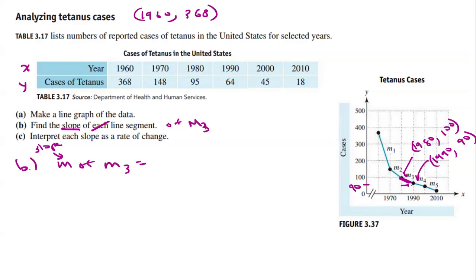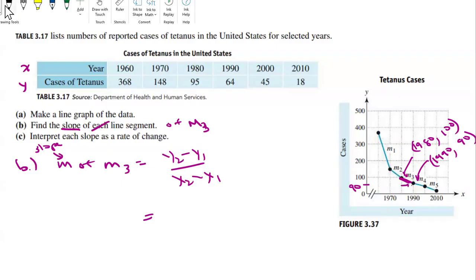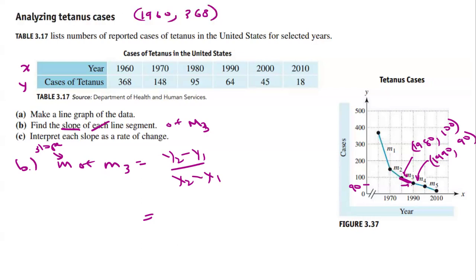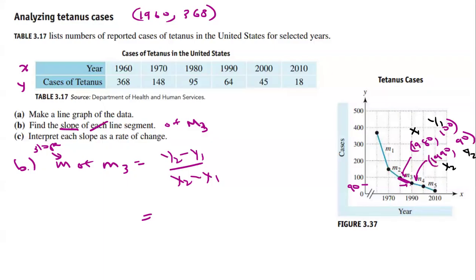All right, so we're just going to use the slope formula: y2 minus y1 over x2 minus x1. We can make the first point x1, y1, or we can make the second point x1, y1. It doesn't matter. I'll make this my first point, x1, y1, and this would be x2, y2.